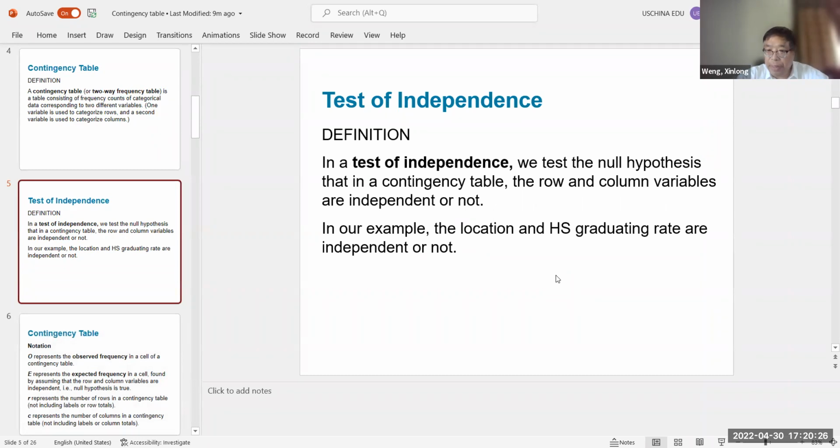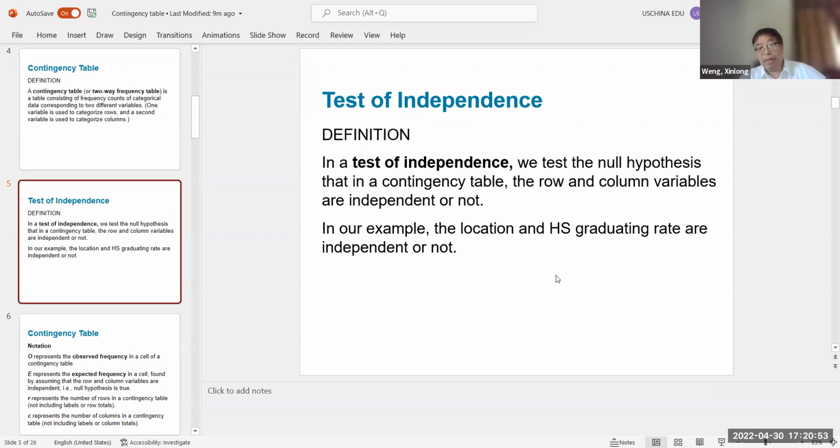Test of independence. What are we going to test? We are going to test independence. We're wondering, does location matter regarding the high school graduation rates?